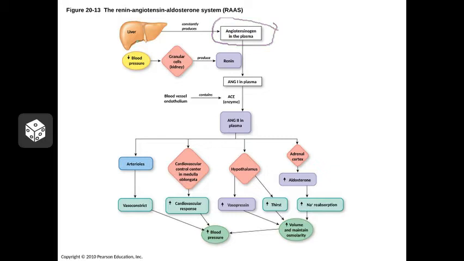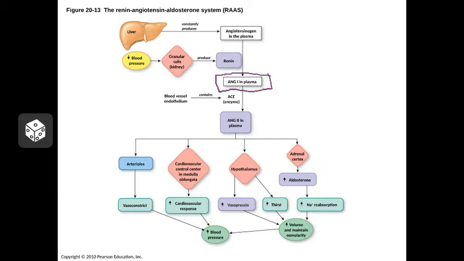Now, nothing will happen to it until blood pressure drops. If you'll remember, that triggers the granular cells to release renin. So now we have renin and angiotensinogen in the plasma. Renin acts as a catalyst to convert angiotensinogen into angiotensin 1.